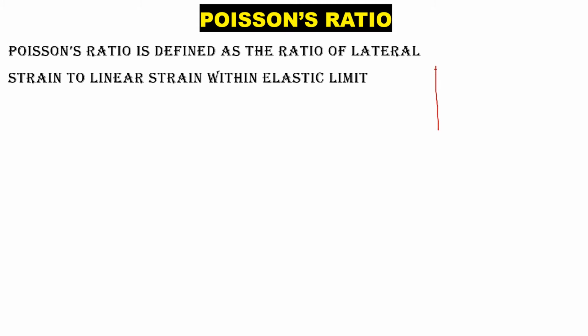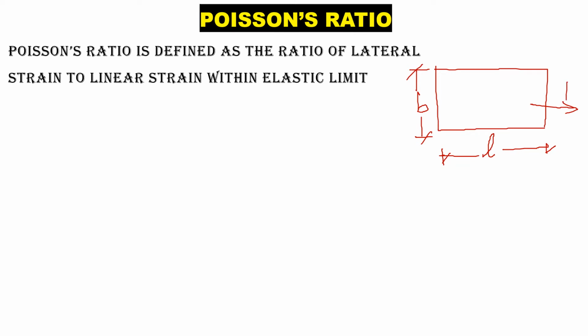Suppose you consider a two-dimensional object with a longitudinal dimension, which we take as length L, and a lateral dimension, a smaller dimension, which we take as B. If we are giving a tensile stress P along the longitudinal direction, the larger dimension is the longitudinal direction and the shorter direction is the lateral direction.